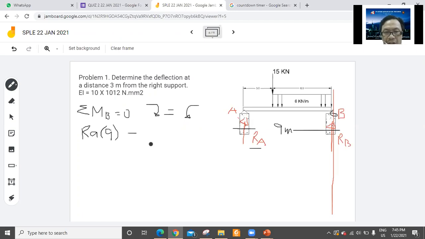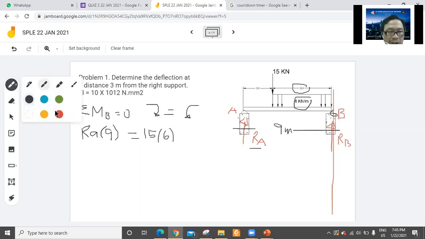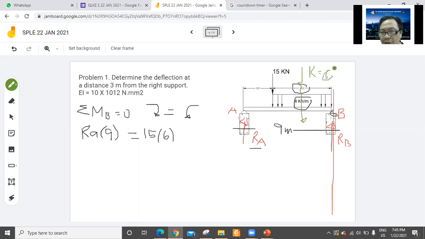So you have 15 times this one, 6. What else? This 6 kilonewton per meter, you have a resultant. What is the resultant load? To calculate faster, this is just equal to 6 kilonewton per meter times the distance, which is 6. So the resultant load is 36 kilonewton.